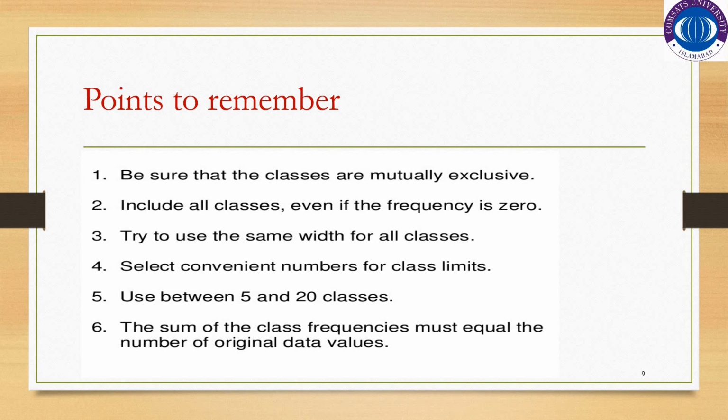If you remember, we have studied what frequency is. Frequency is the number of times an observation occurs in the data. So the sum of all frequencies must be equal to the number of original data values.